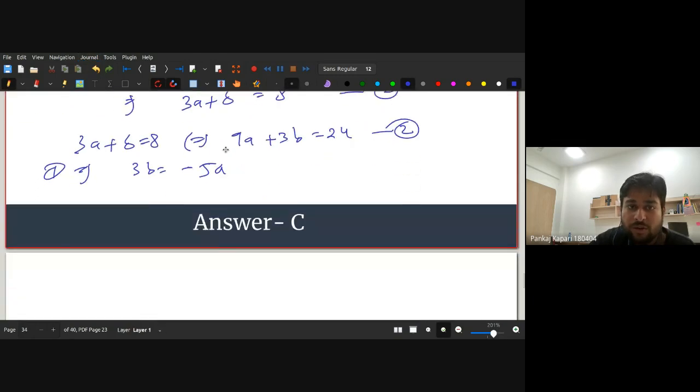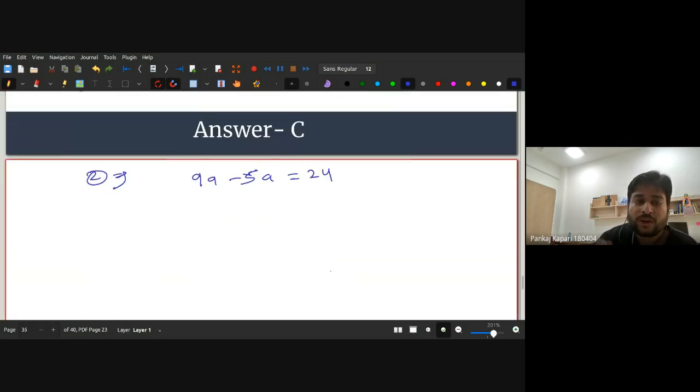So now we'll put this thing inside 2. So the equation 2 will now become 9a minus 5a equal to 24. Okay, so if I subtract, then I'll get 4a equal to 24, and that will give me a equal to 6.